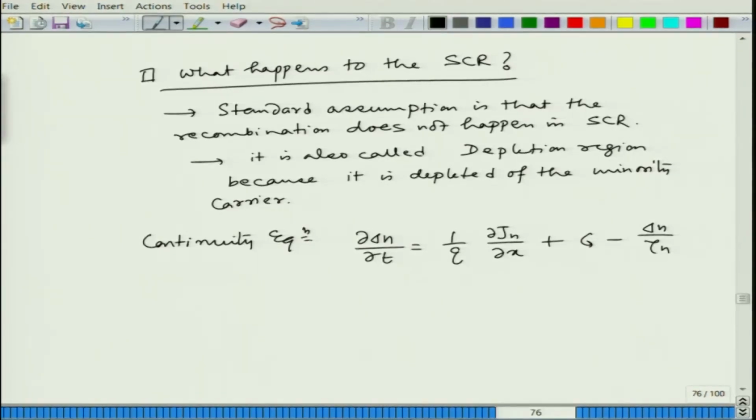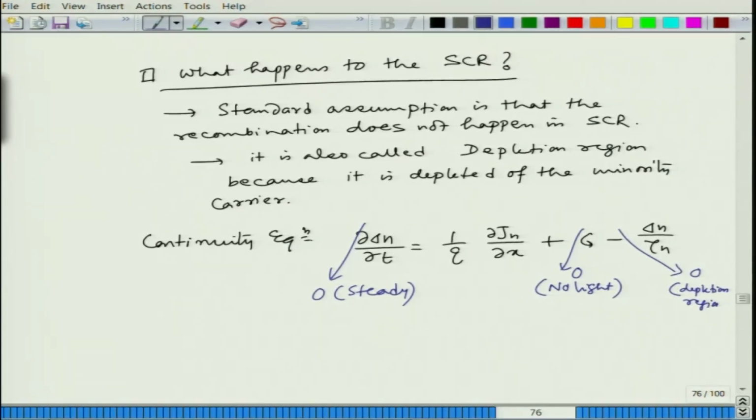Now, we do not have this term which is due to steady state, and we do not have this term due to the no light condition, and this term is also 0 because it is the depletion region. So, what we are left with is just a single term, and that is equal to 0.